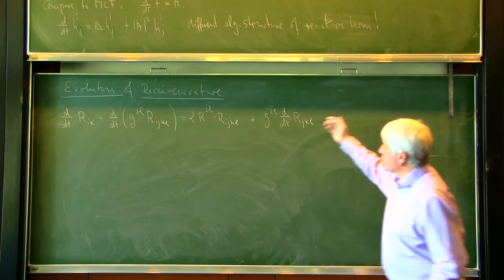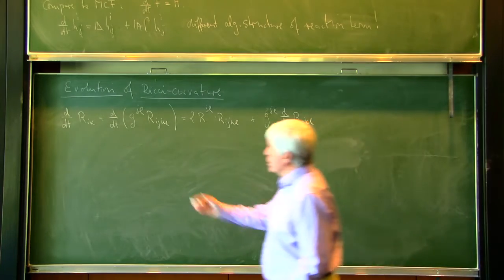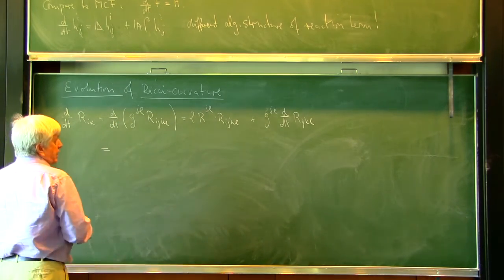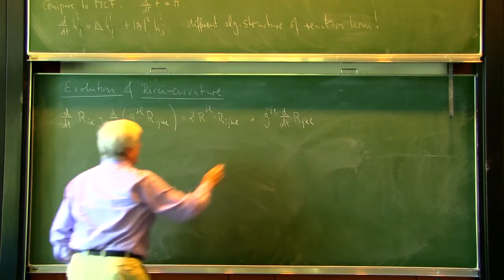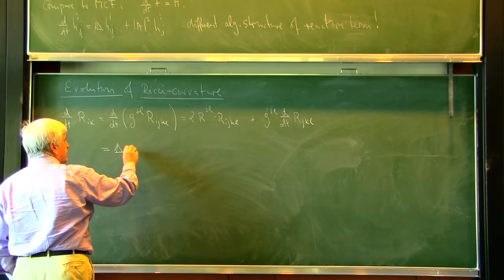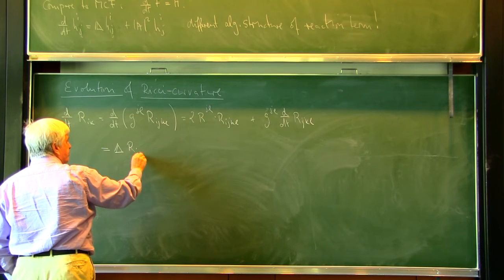And when you do the computation, just put the two things together and do the obvious contractions, you end up with the leading term coming from here. Turns out the Laplacian of the trace, which is the Laplacian of Ricci.